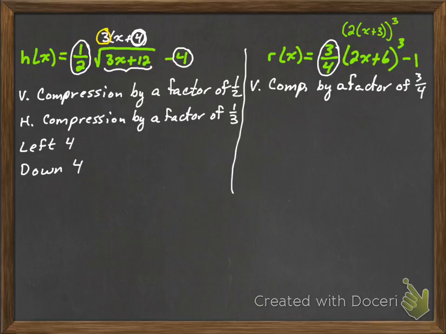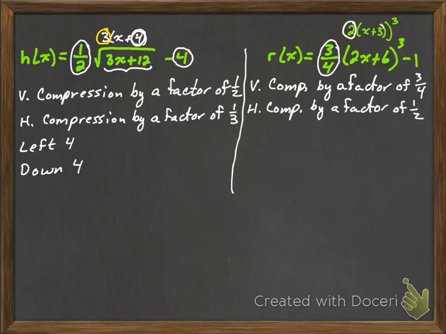All right, so that means this 2 is your b value, making that a horizontal compression by a factor of 1/2, the reciprocal value of 2.